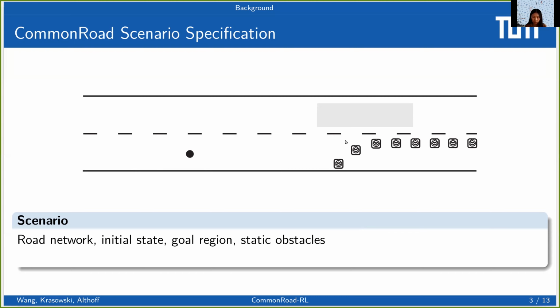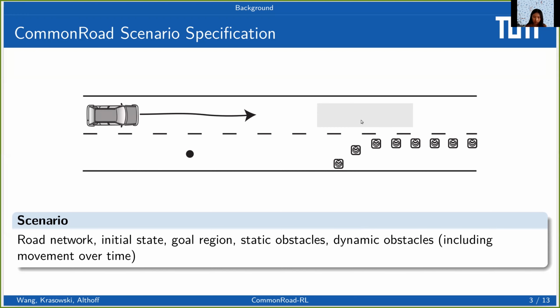We have different types of static obstacles and dynamic obstacles. We also define traffic signs and traffic lights to take traffic rules into account in our motion planning problems.